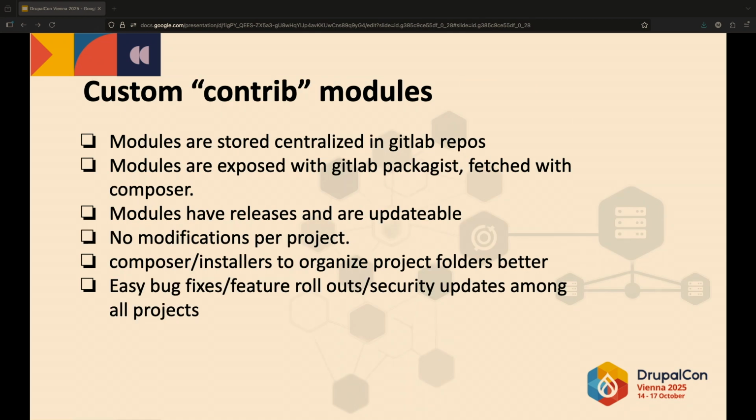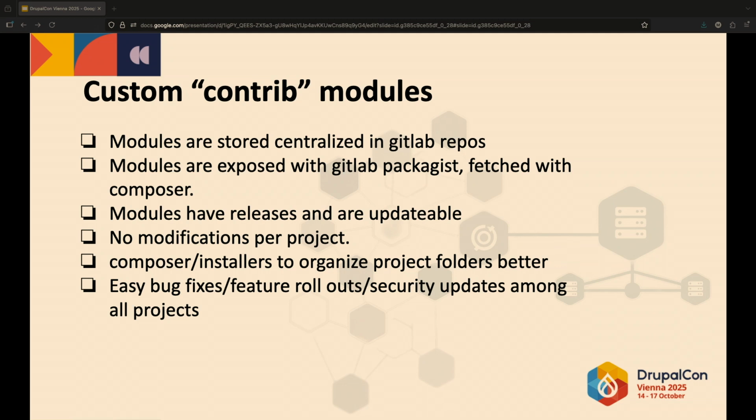Yeah, and in our setup, we treat our custom modules almost like contributed ones. So they're centralized, versioned, and shared across multiple projects. All modules are stored in separate repositories and can be fetched through composer. And we are following a strict rule that those shared modules cannot be modified.